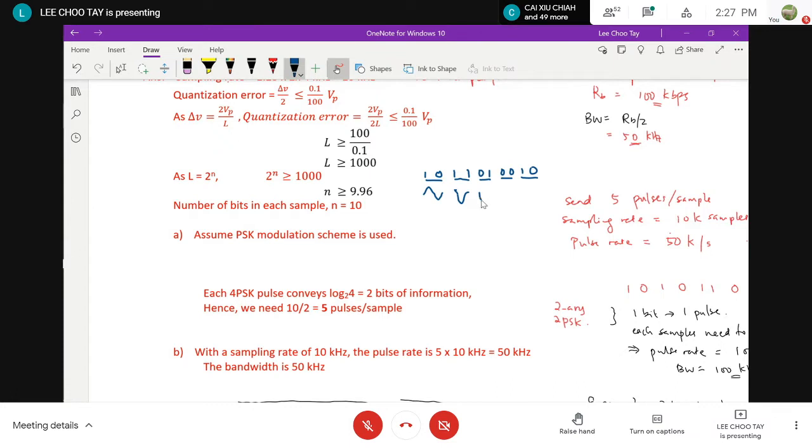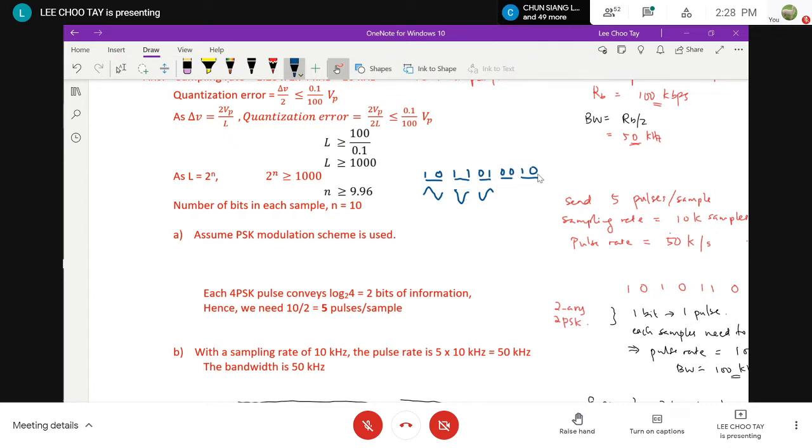another pulse. Okay, so all these pulses, we actually use one pulse, one oscillation, to carry 2 bits. Therefore you see that to carry this entire sample of 10 bits, we need 5 pulses.